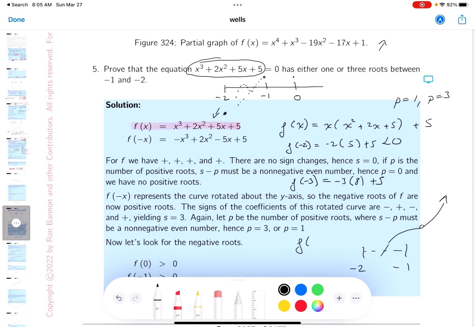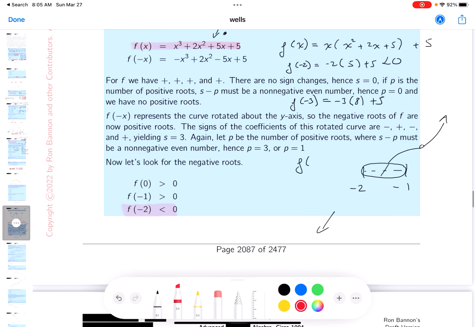It's always going to be positive after the 0. So by what I know about degree 3 polynomials, the number of roots has to be either 1 or 3. So what do they want to do? Yeah, we got it. 1 or 3. Again, at minus 1, it's always going to be positive. Below the minus 2, it's always going to be negative.